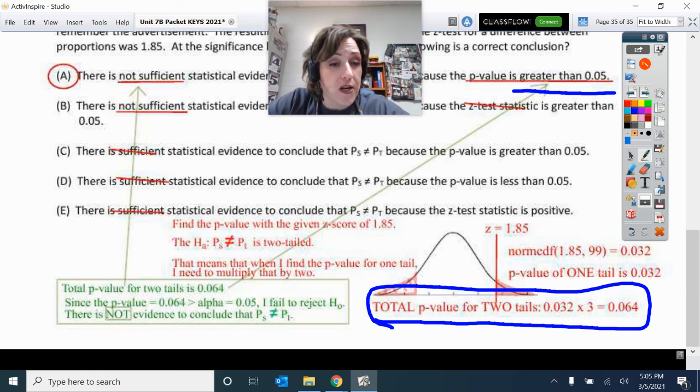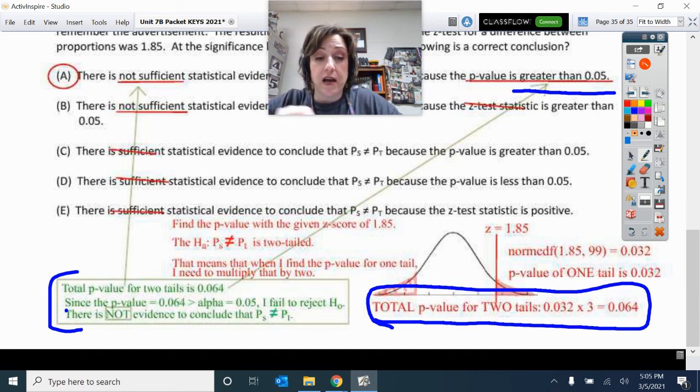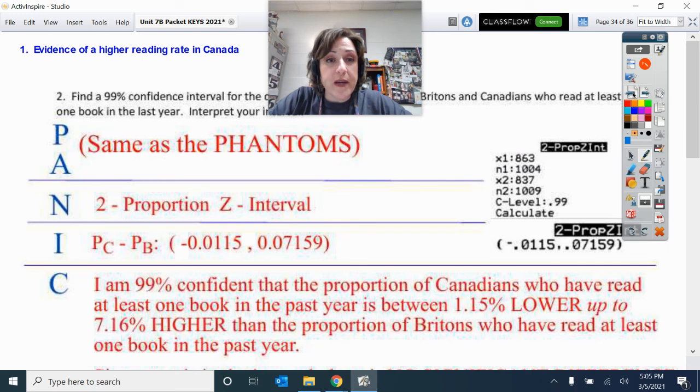Since that p-value of 0.064 is greater than the alpha of 0.05, I would fail to reject. So I do not have evidence of the alternative hypothesis, HA. Okay, I think that might be all of it. Yes. Okay, so there we go.